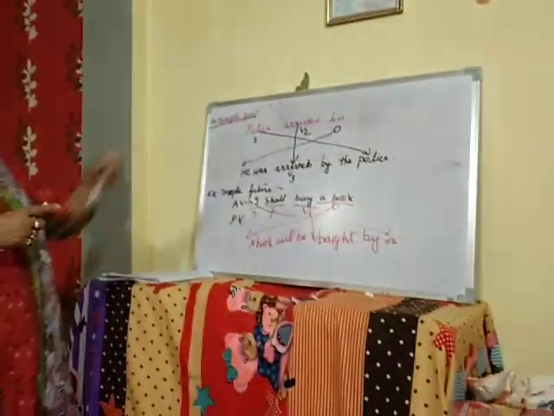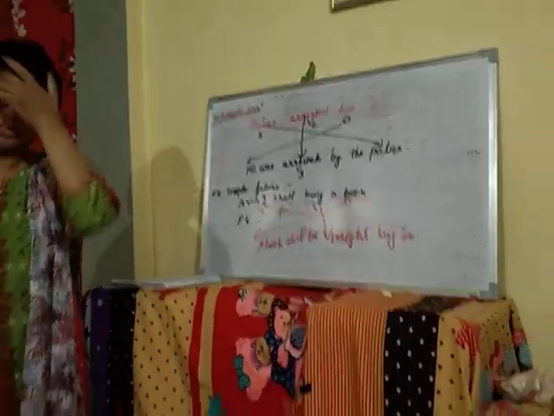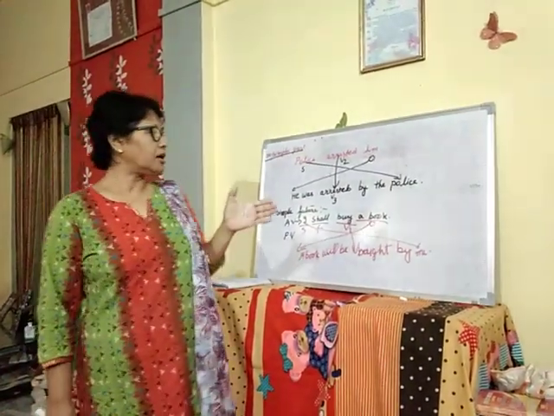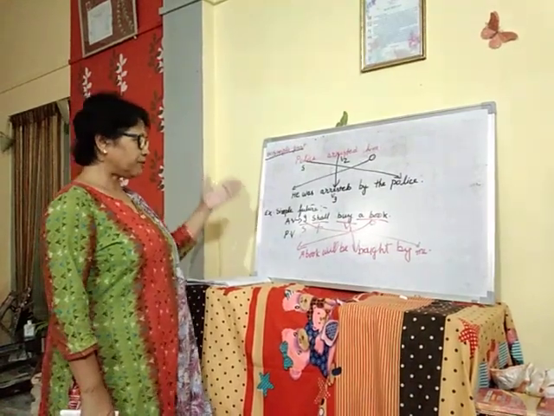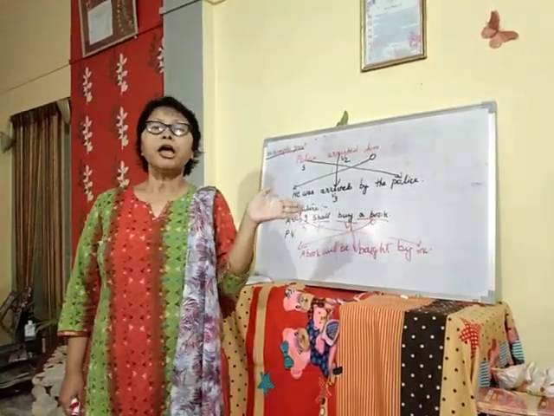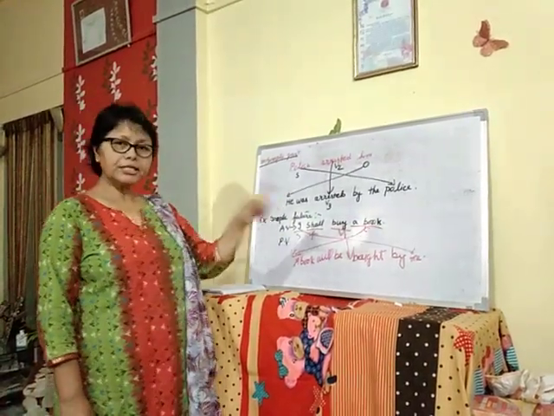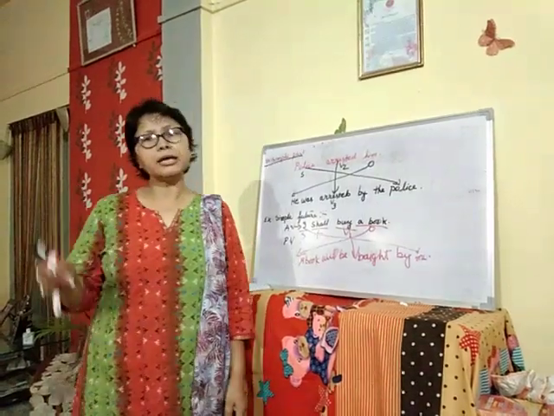Today I only want to make this much clear, and I hope, children, you will understand how to change a sentence from active to passive and passive to active in simple present, simple past and simple future, and what the rules are. If you remember it, then it will be very easy for you to write the answers in the examination hall.